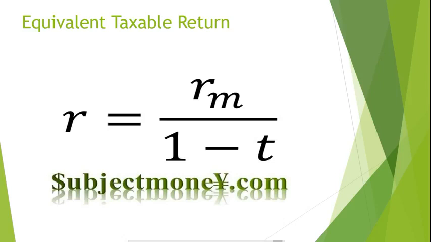To find the equivalent taxable return, our formula is R equals RM over (1 minus T). Thus, it is simply the tax-exempt yield divided by (1 minus T). The equivalent taxable return increases with higher marginal tax rates. Therefore, tax-exempt municipal bonds are more attractive to individuals in higher tax brackets.